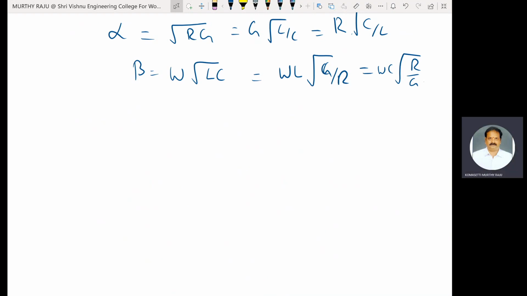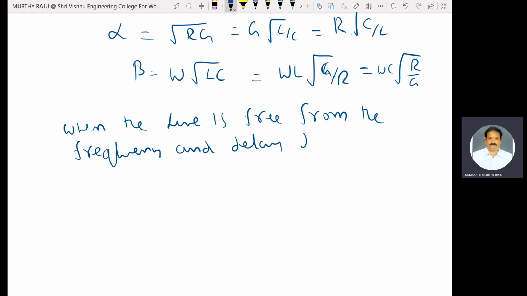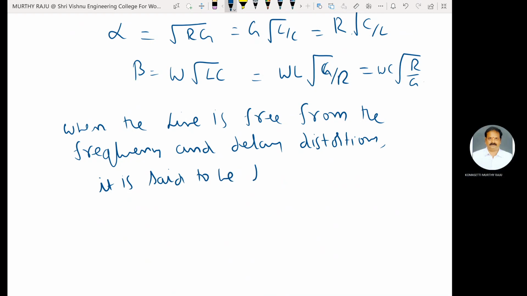When the line is free from frequency and delay distortions, it is said to be a distortionless transmission line.